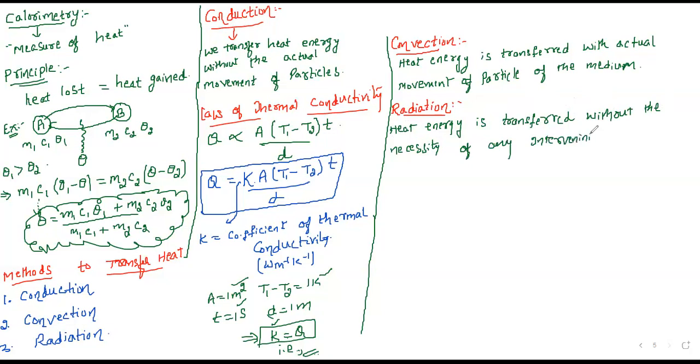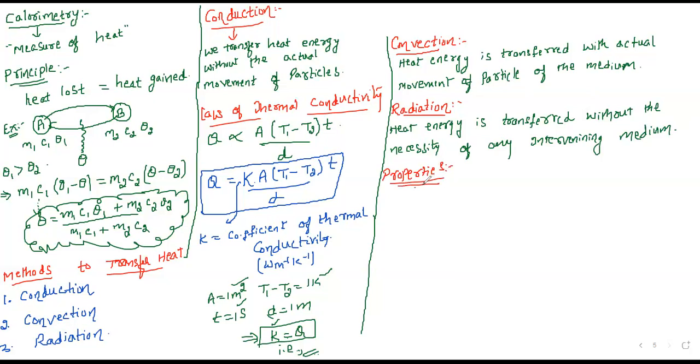Without the necessity of any intervening medium, if you transfer the heat energy, that process is what we call radiation. So in radiation, we are going to transfer the heat energy without the necessity of the intervening medium.